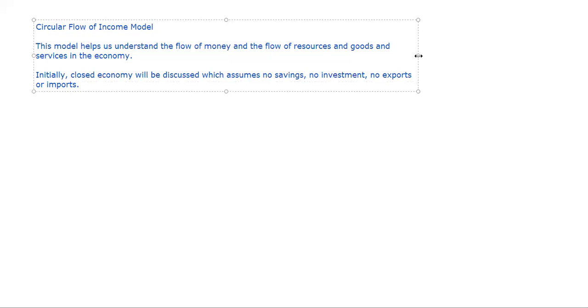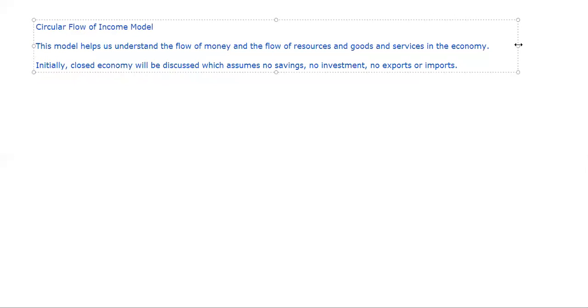This assumption is made so that we discuss the circular flow in a stepwise manner. So initially, a simplistic model of a closed economy, and then we upgrade to an open economy with linkages to other parties.